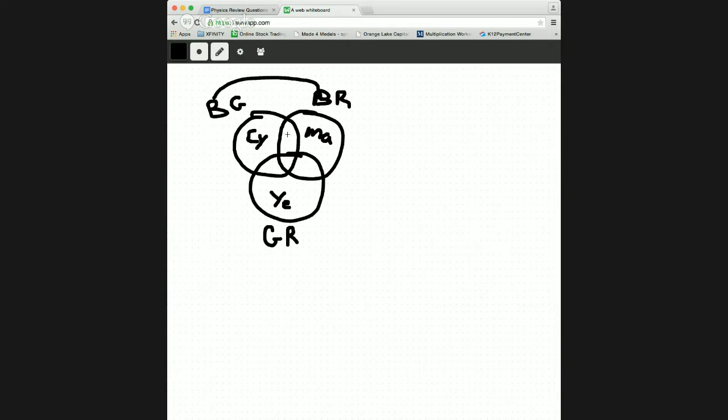So blue is right here. When we mix magenta and yellow, the common color is red. So then red comes here. And when we mix cyan and yellow, the common color is green. So green comes here. And then when you mix them all together, it becomes black.